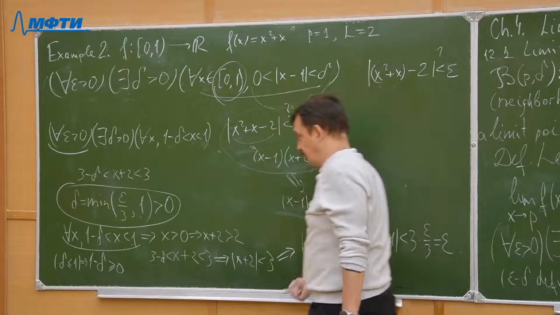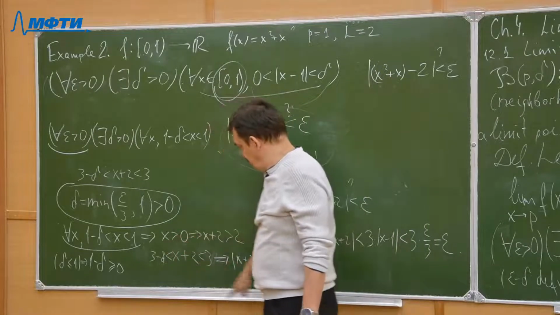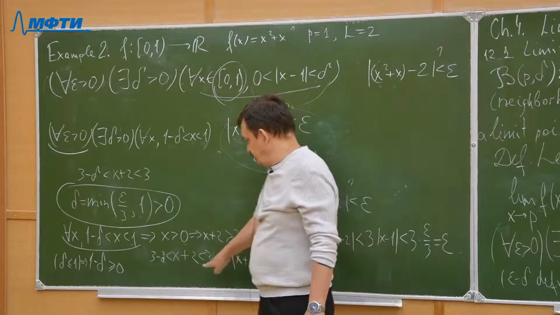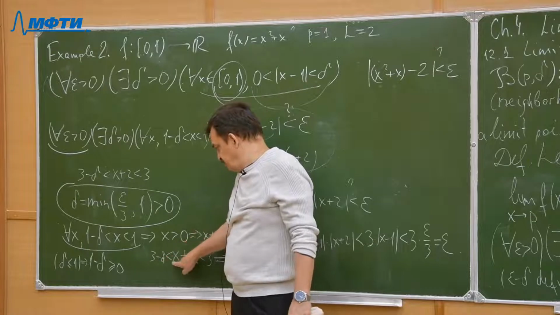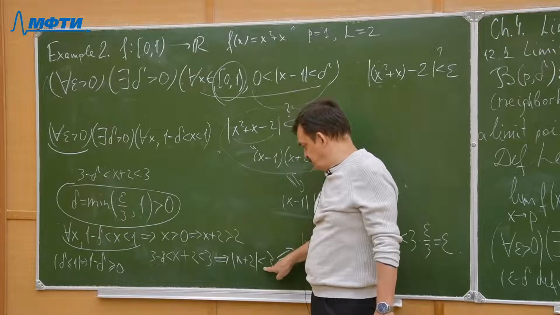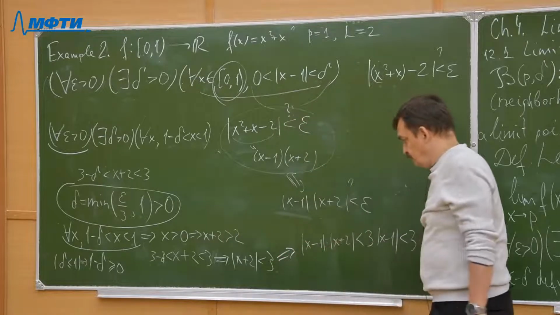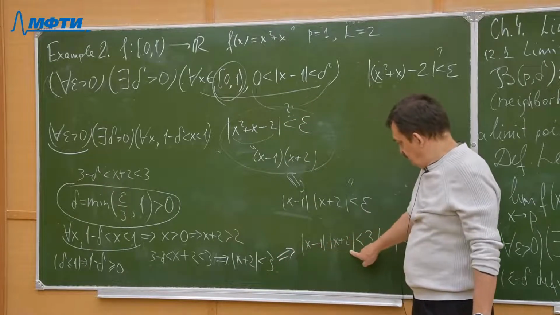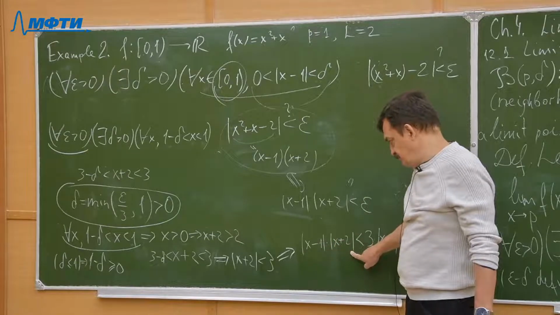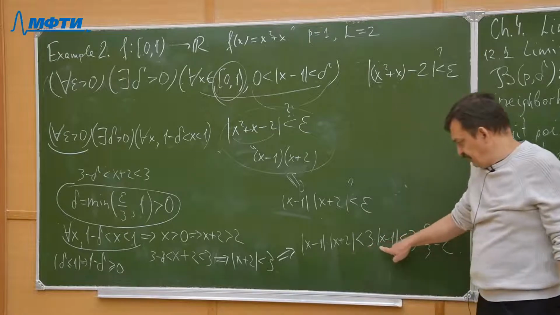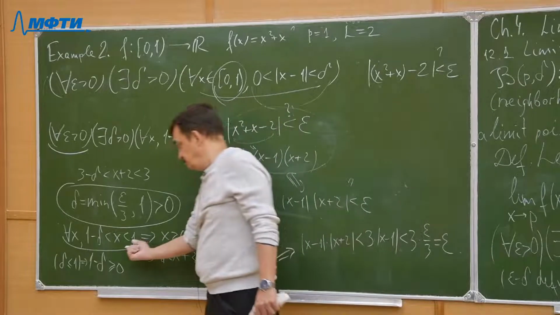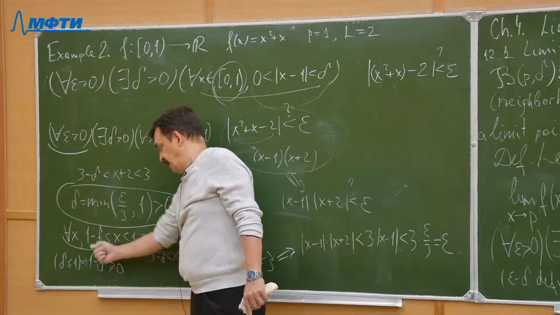The first one, x is greater than 0, hence x plus 2 greater than 2, and since x plus 2 is between those two values, we obtain modulo of x plus 2 less than 3. Then we can estimate the product of those two moduli by 3 times modulo x minus 1, and then we deduce the second thing from this double inequality.